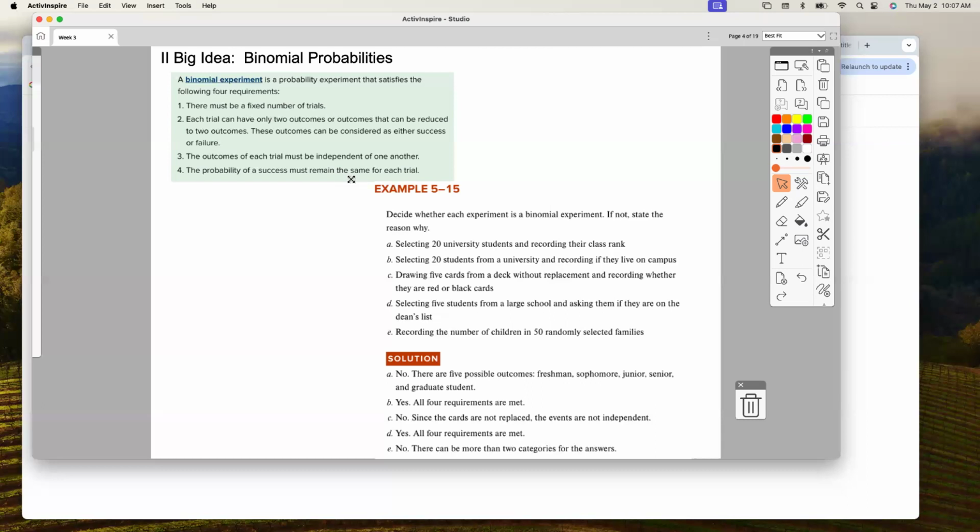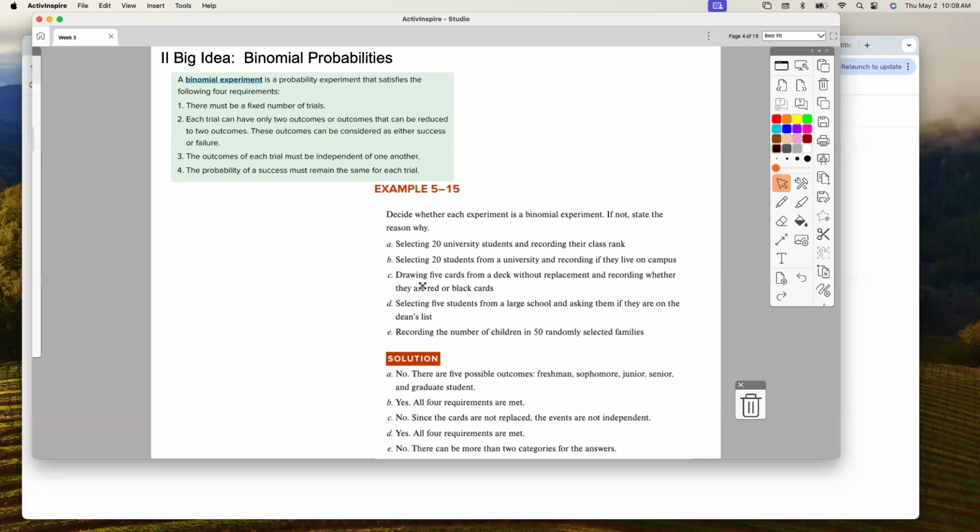Each time we select from that population, we're going to have a 60% chance of choosing one of those students, even if we don't replace those, because the population at a university is large enough that those probabilities would shift only ever so slightly in terms of a practical outcome. They would not be affected.